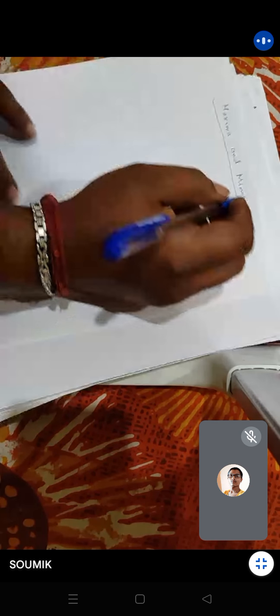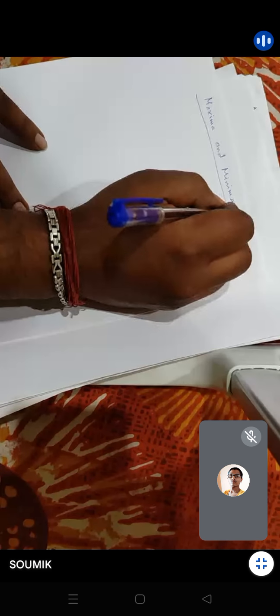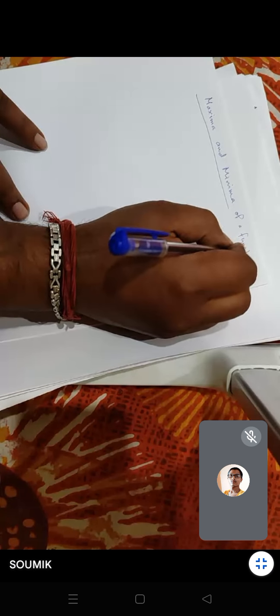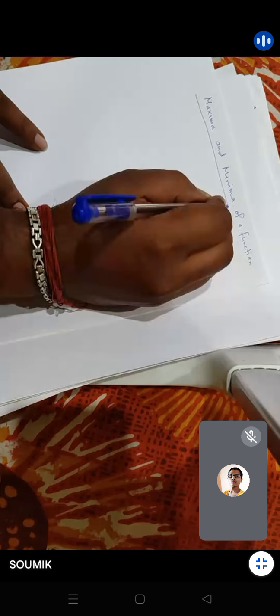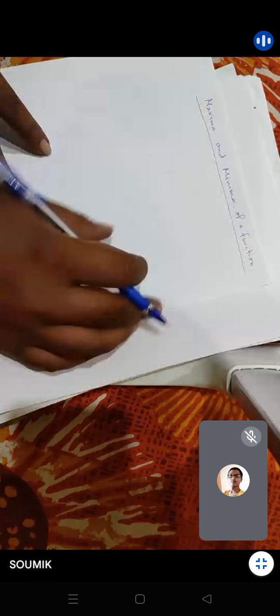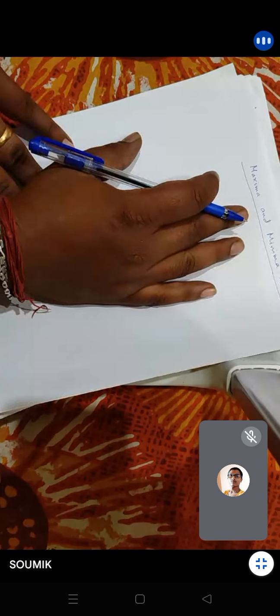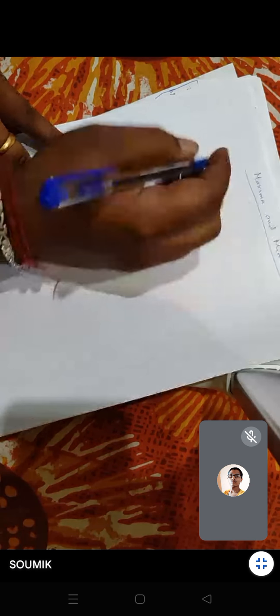Maxima and minima of a function. Okay, so today we are going to study maxima and minima of a function. So first of all, there is a definition.